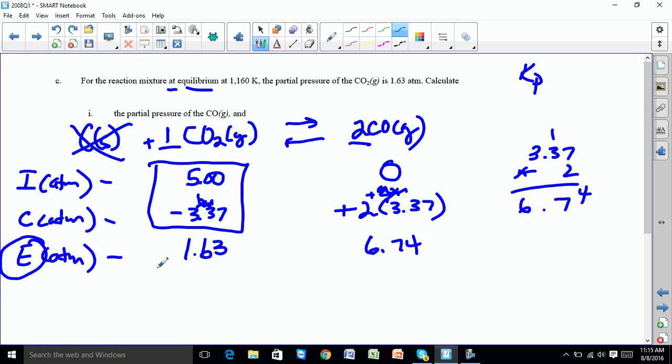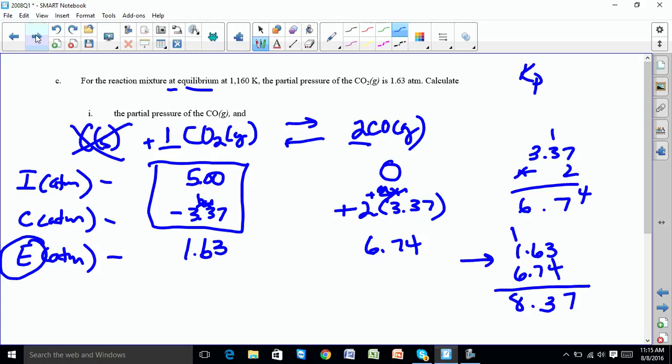Now, interesting, what would the total gas pressure be at equilibrium? 1.63 plus 6.74 is 8.37.